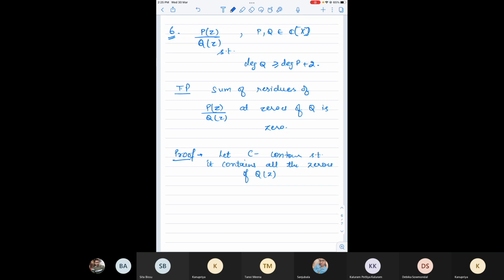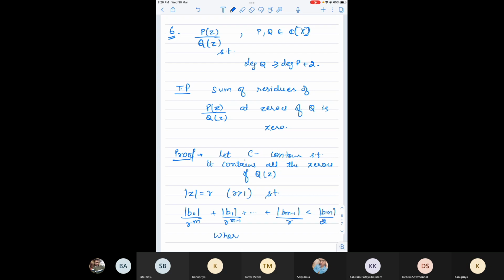Now we are choosing some circle of radius r with the property that it contains all the zeros of QZ, plus it satisfies one more condition. Why we are choosing this condition will be clear in the next steps.